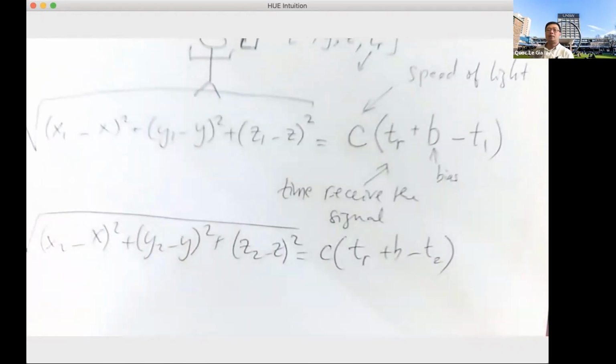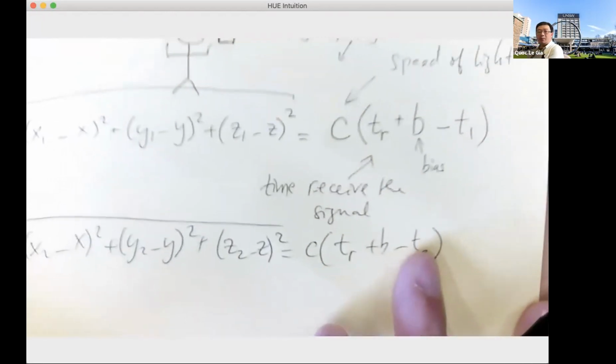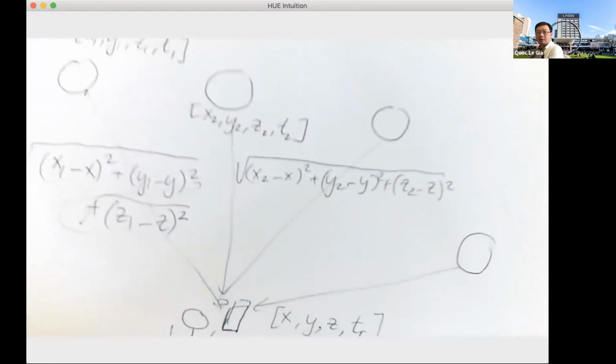So how many equations in total? 4. We have 4 satellites, remember?